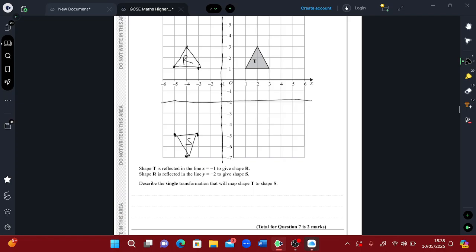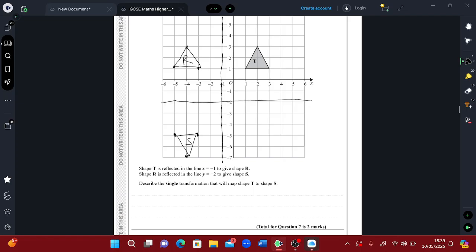Now, this can be a bit awkward to spot, but it does look like a rotation because, first of all, it can't just be a translation because it flips here. I don't think you can just find a vector to translate it directly here.